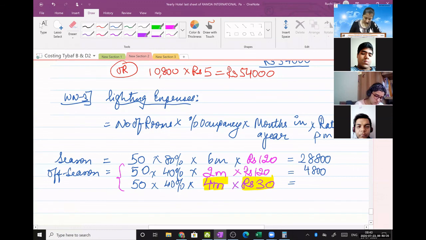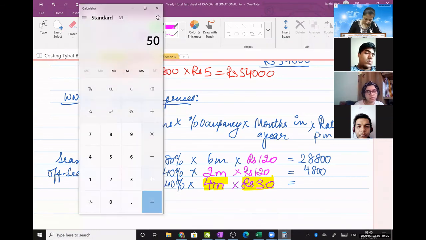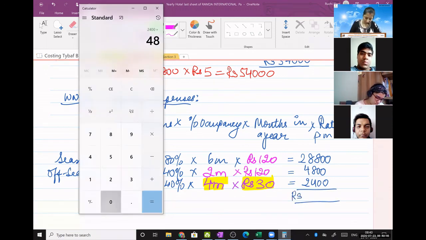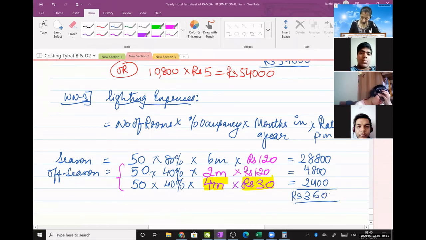And last, 50 into 40% into 4 months into 30 rupees, 2,400. Then total this 2,400 plus 4,800 plus 28,800. So the answer is 36,000. Next lecture we will do the whole sum. Clear?